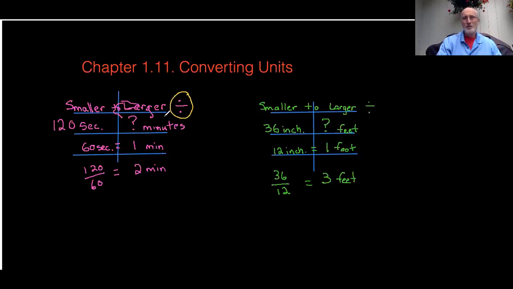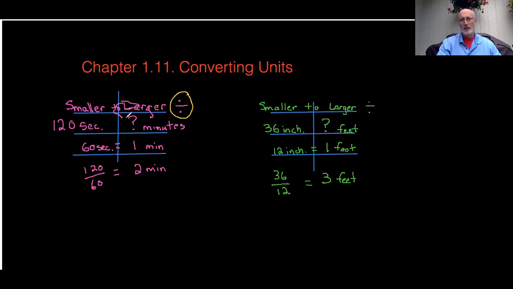So the next thing you do is ask yourself, 1 minute is how many seconds? I'm keeping minutes on this right side here. Well, it's 60 seconds. My little key here says that when I'm going from smaller to larger, I divide. So what are the numbers that I would divide? If you look at these four boxes here, which two am I going to divide into each other?